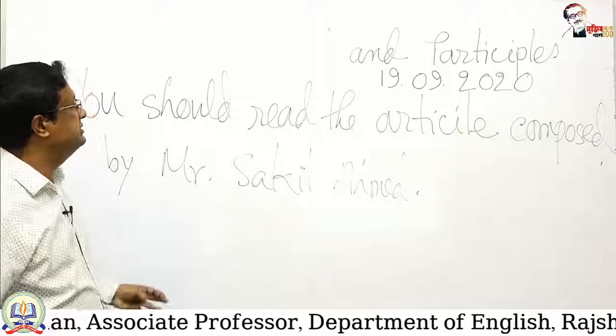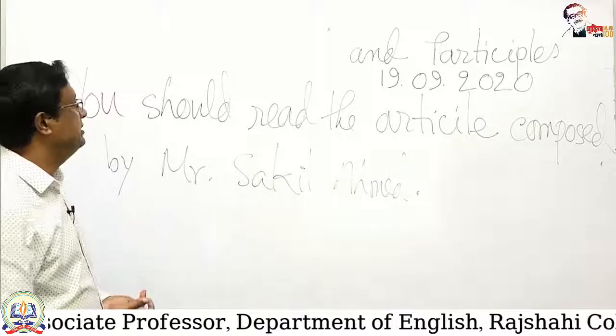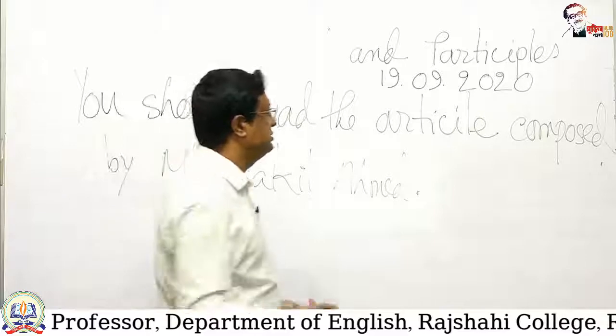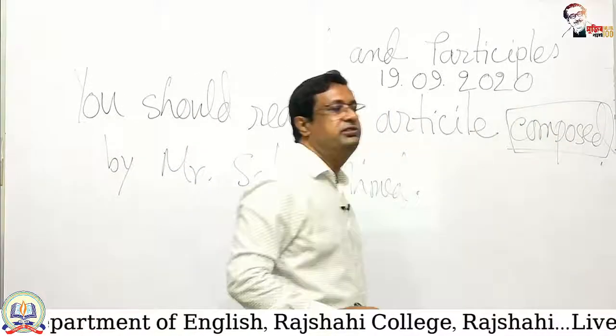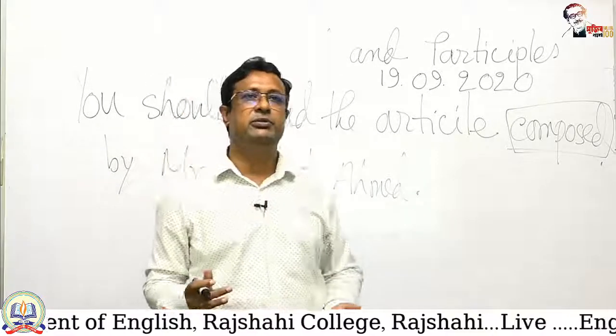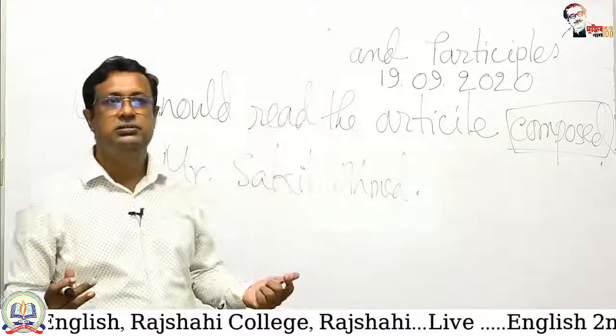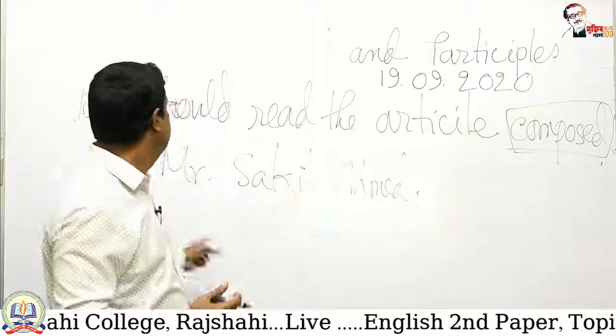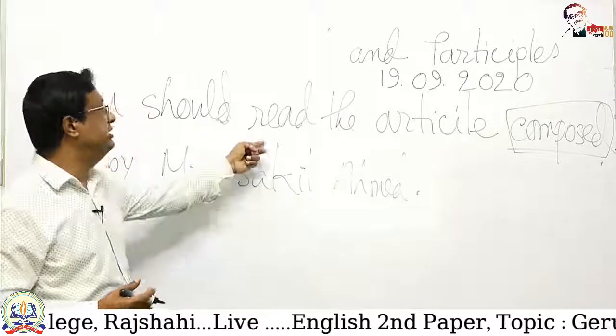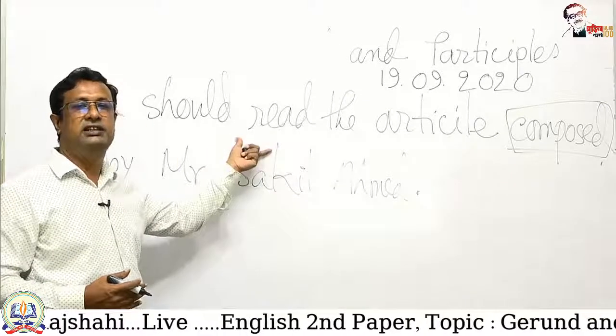In this sentence, you have another past participle, that is "composed." Now you see, "compose" may be the first form of "composed." But is it a verb here? Notice the sentence. "You should read." So "should read" is certainly the verb.